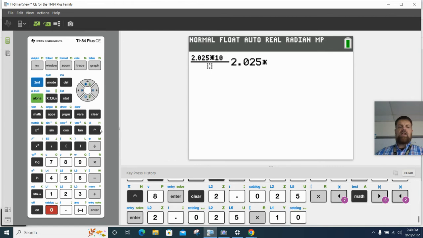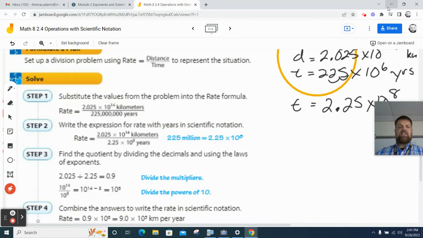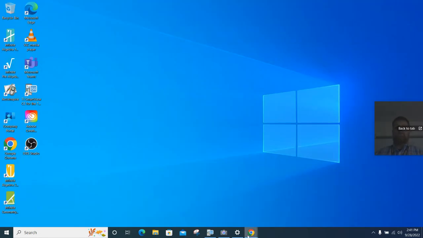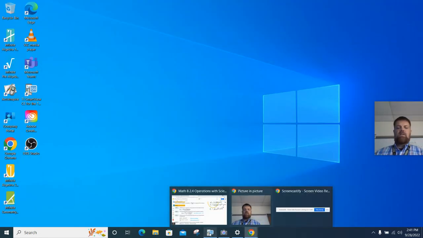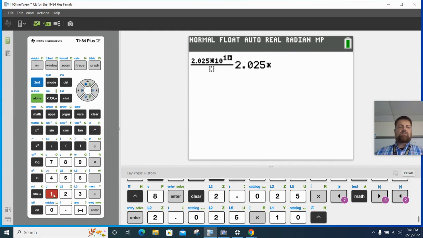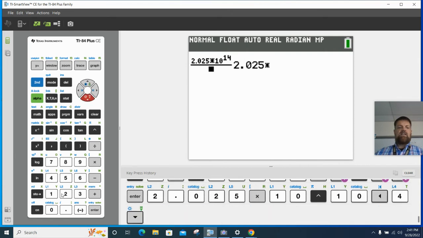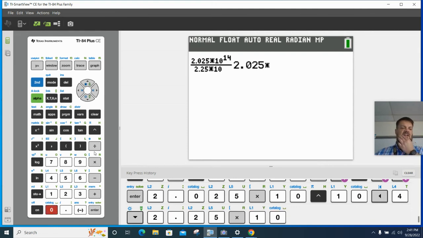Now I'm going to delete all that other stuff, but I'm going to put 2.025 times 10 to the, what was it? 14, I think it was. Yeah, 14 kilometers. 10 to the 14 divided by 2.25 times 10 to the 8, I said, right?